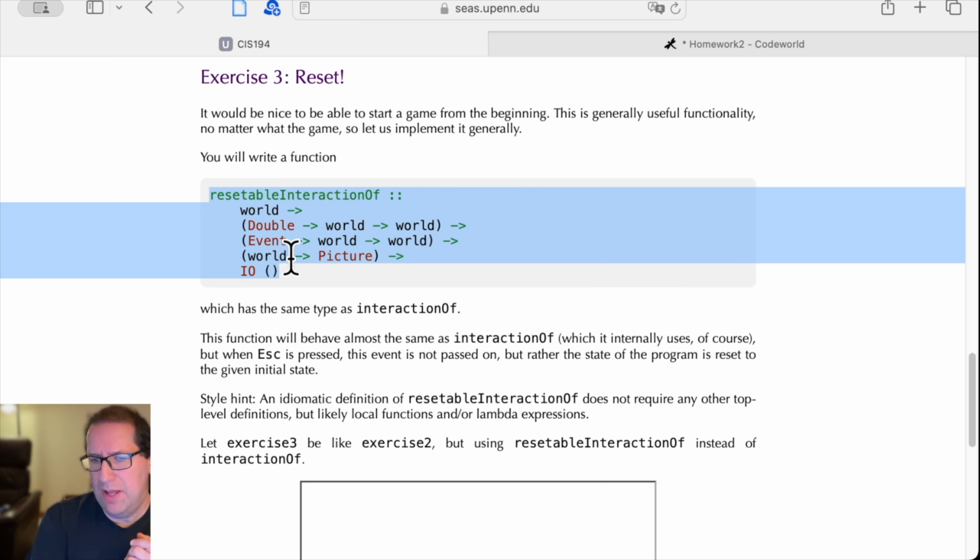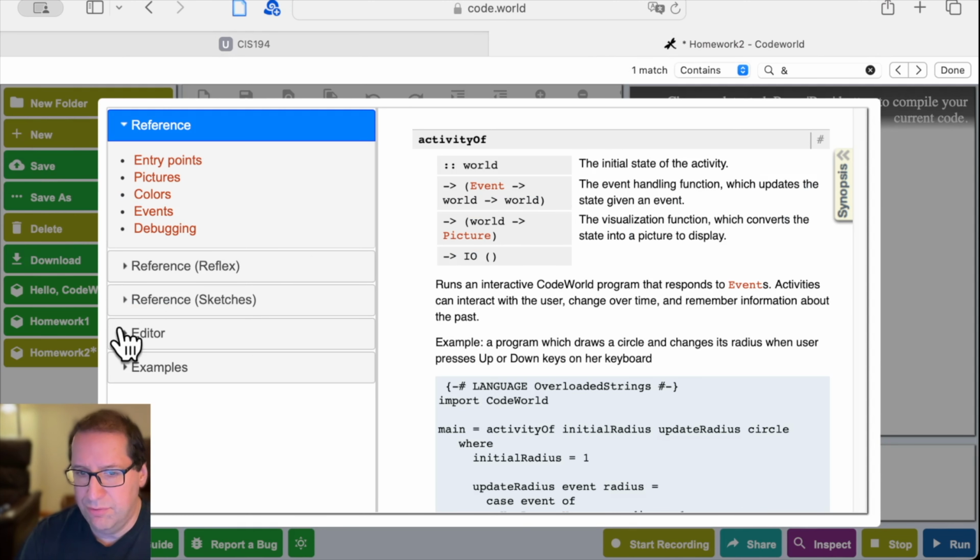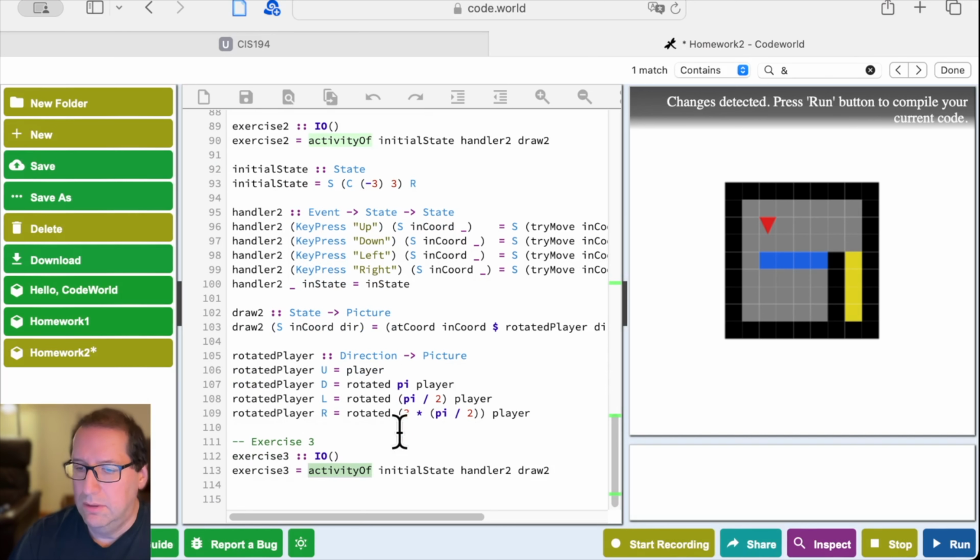But why do we have to write it? Why can't we just have this in our event handler? No, it should work, right? Because we're handing back a state from the event handler. Pressing the escape key is one of the things the event handler could handle.